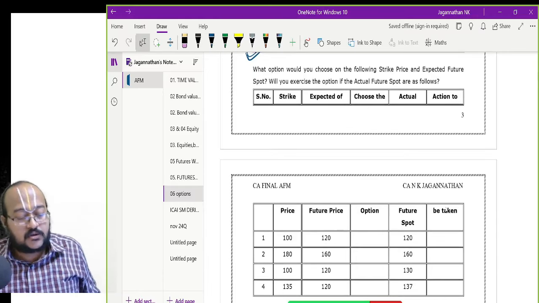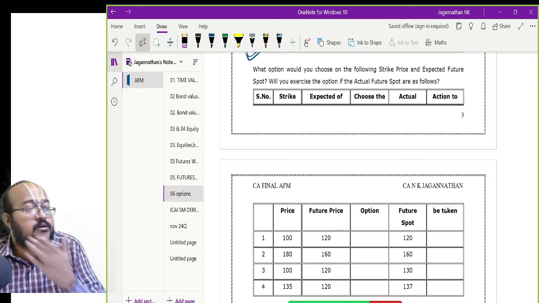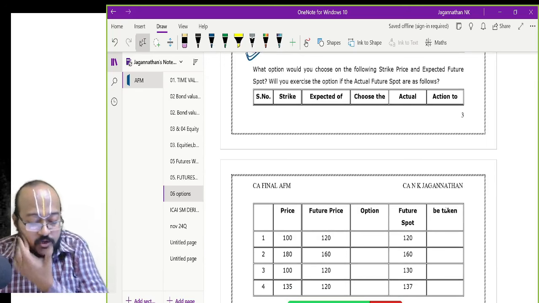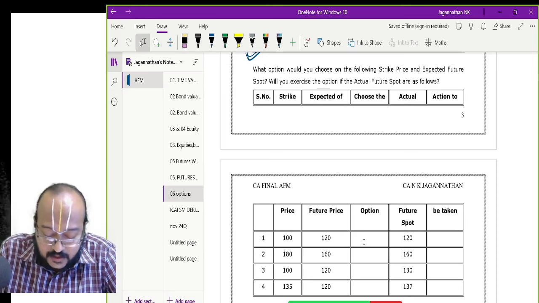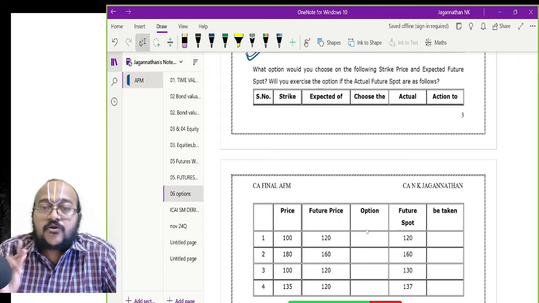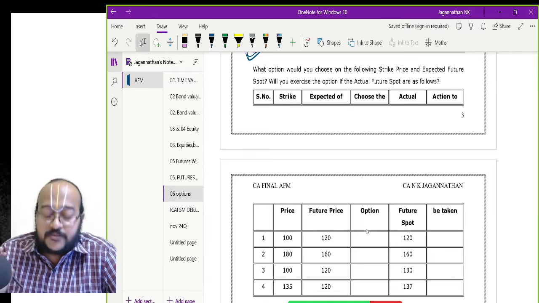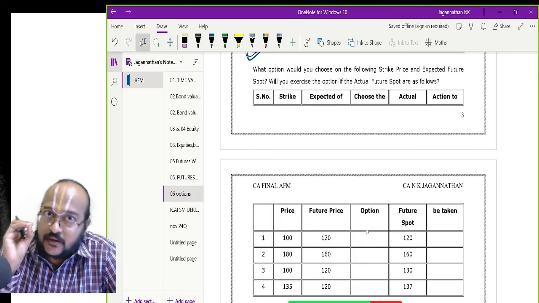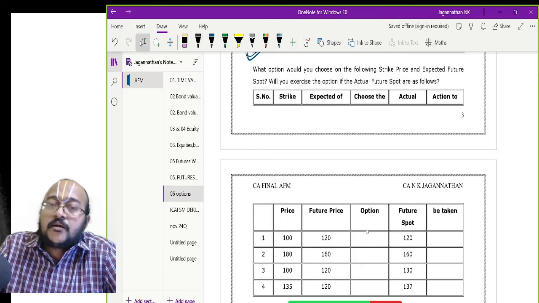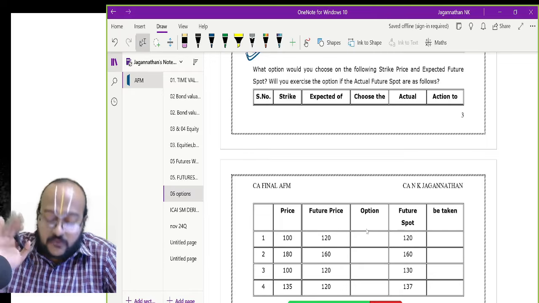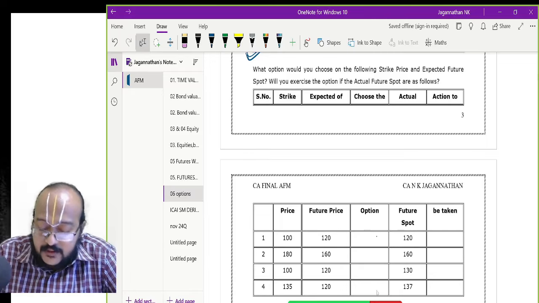In this question, first you have to choose the option. I am only talking about buying options, not selling. There are two options, call option and put option. Will you buy a call option or take a buy position in a put option? First you need to decide.